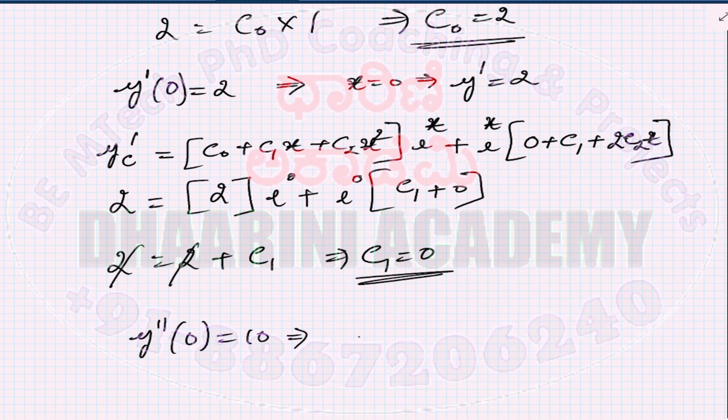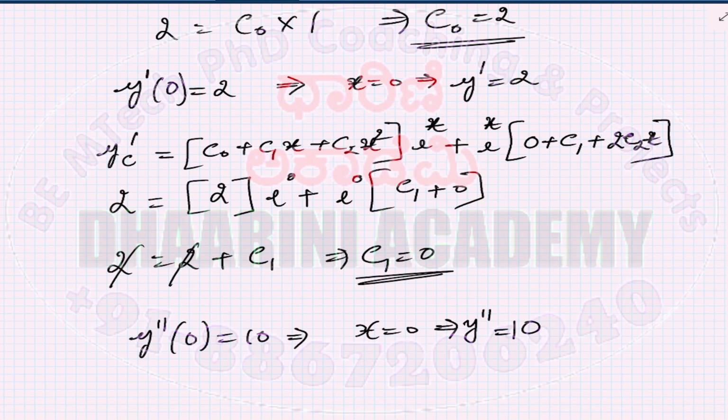So this means if you substitute x equal to 0, then y double dash is equal to 10. But I don't have a y double dash. I need to find that. So how do you find y double dash? I have a y dash. Differentiate this once again, and when you do that, you get the solution.